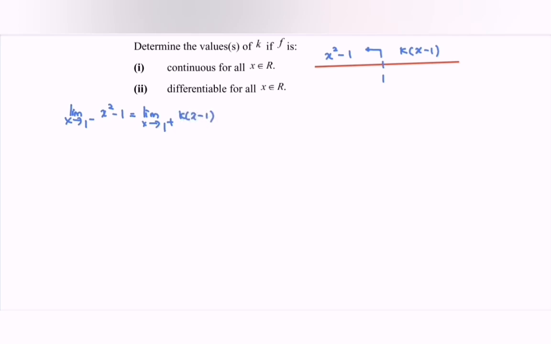Kindly substitute and we obtain 0 for the left and 0 as well for the right. This means k can be any real number, or we can say negative infinity to infinity, because the value of k won't affect the limit.